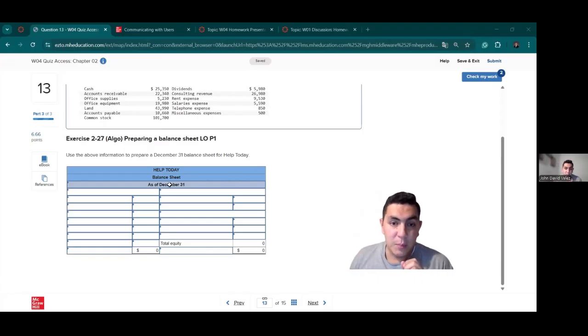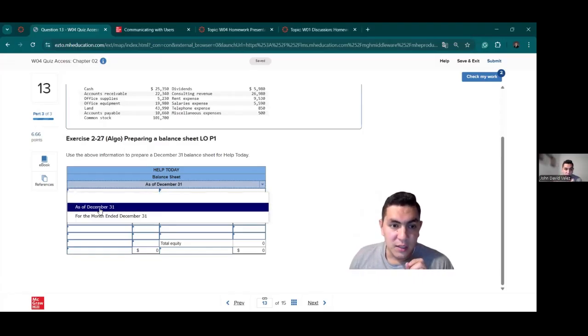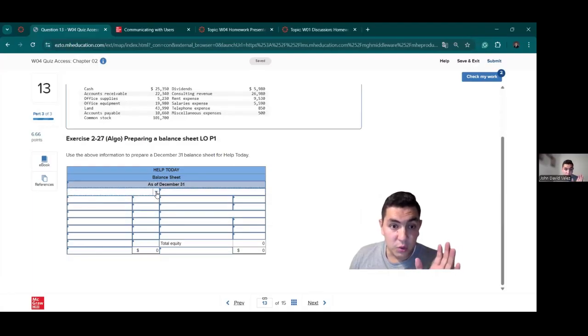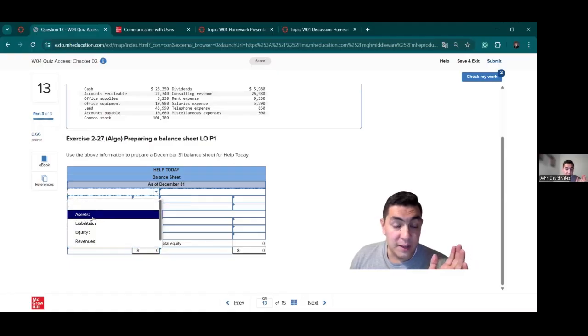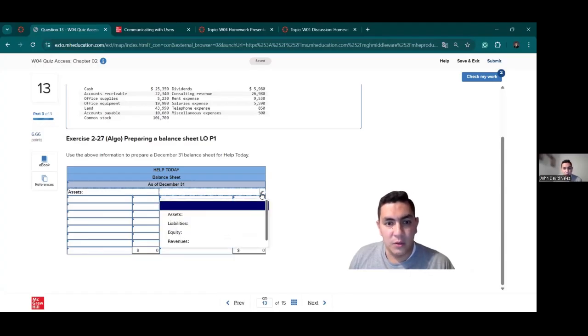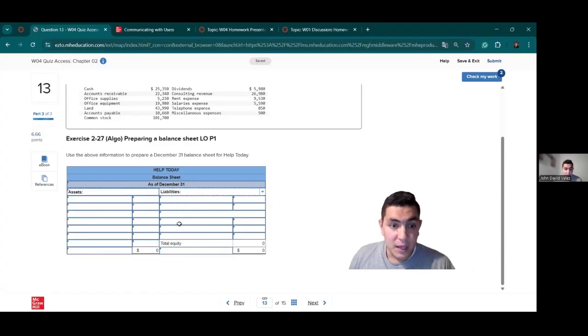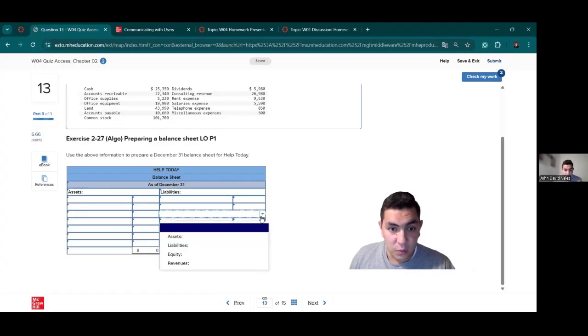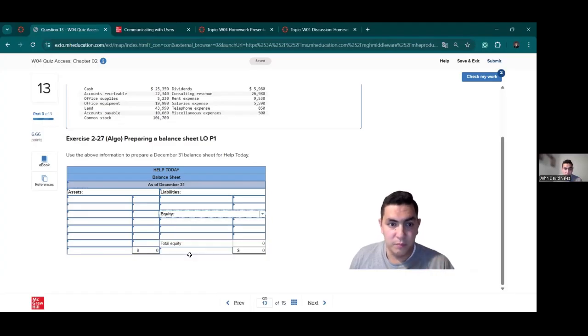So this is a point in time. We select as of December 31, and on the left part we use assets. In the right part, we use liabilities. And down, we use equity.